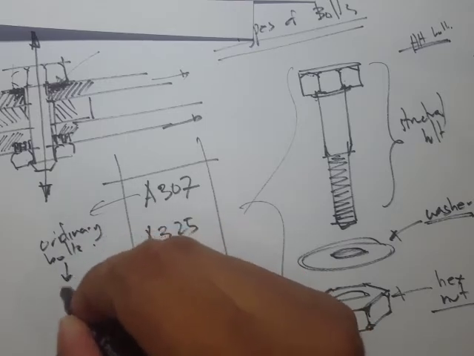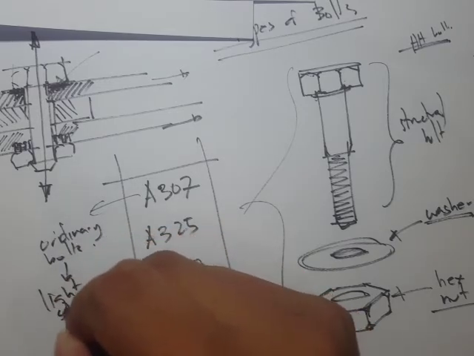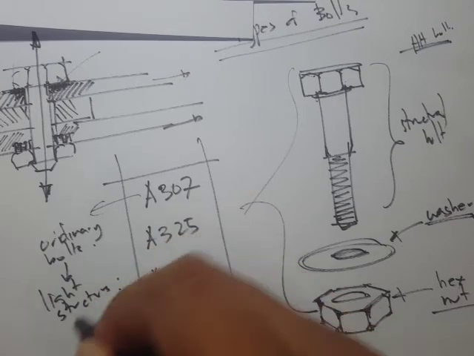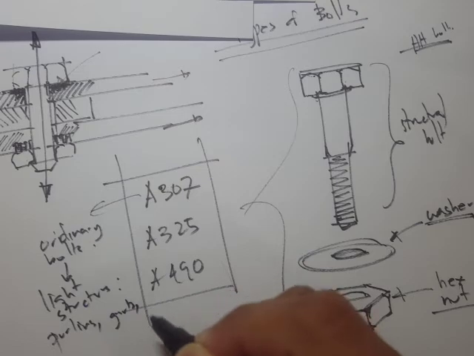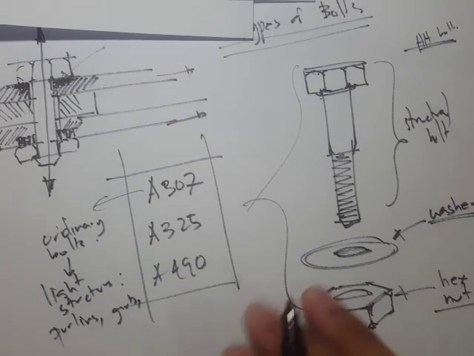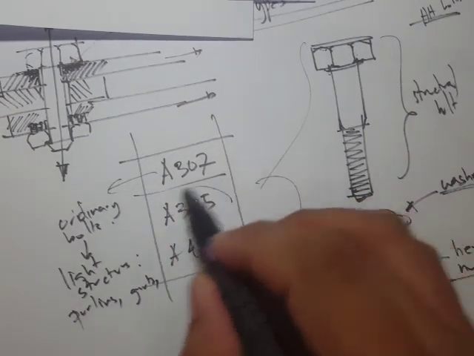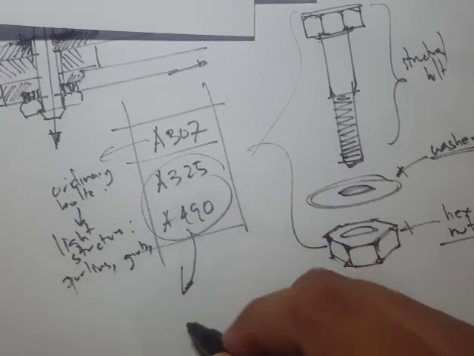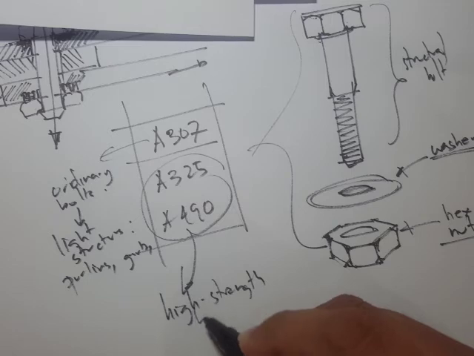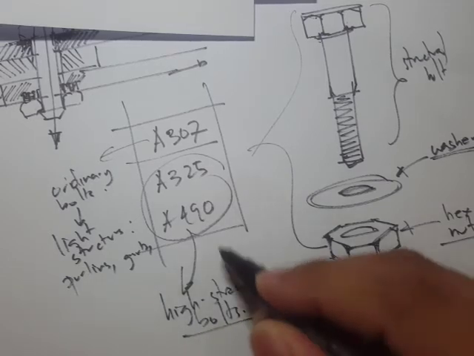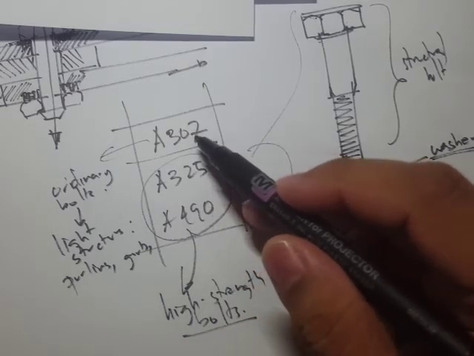So that's for light structures, for example, purlins, girts, trusses, and secondary members. And these two are referred to as the high strength bolts.